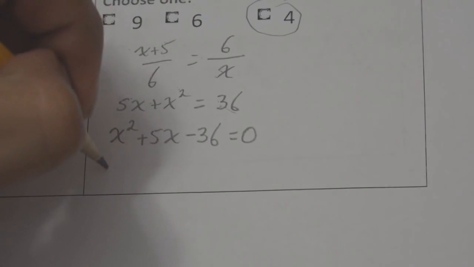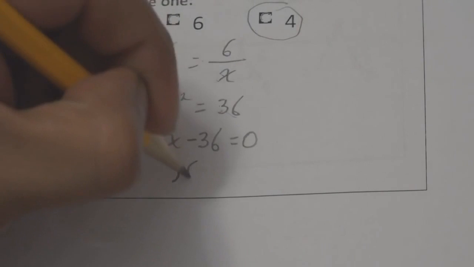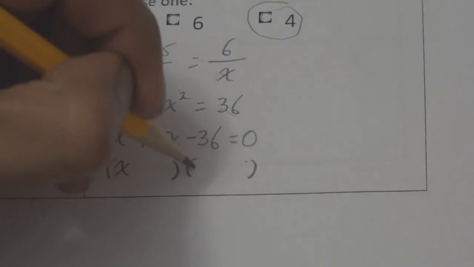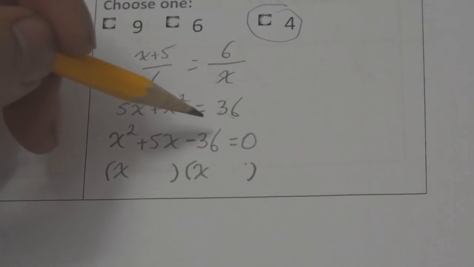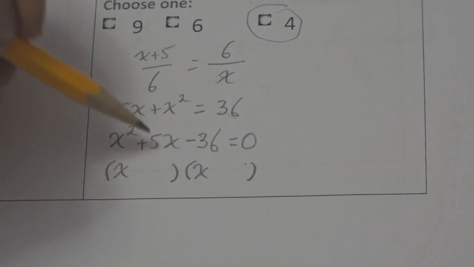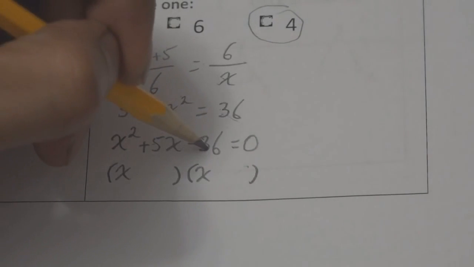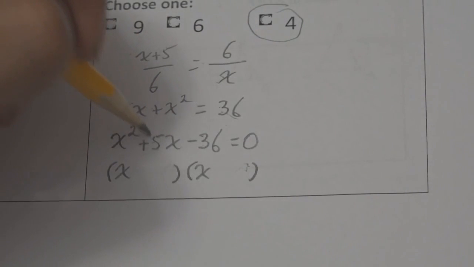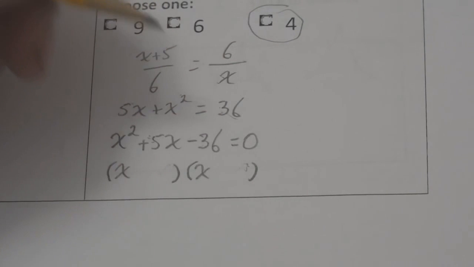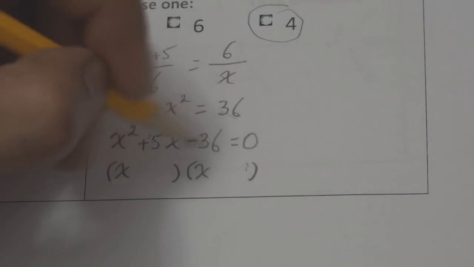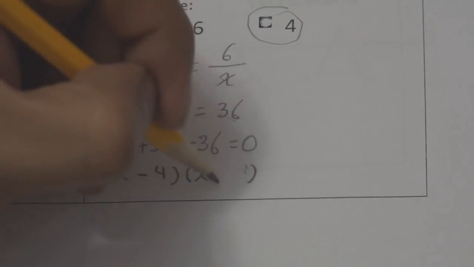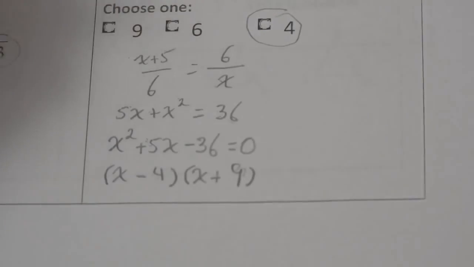Nice. Now I proceed to factoring. What are the factors of x squared? Well, x and x. I need two numbers that multiply to get negative 36, and when I add them, I get 5. Well, the factors of 36 are 6 and 6, but 6 and 6 will never give me 5. What about negative 4 and positive 9?